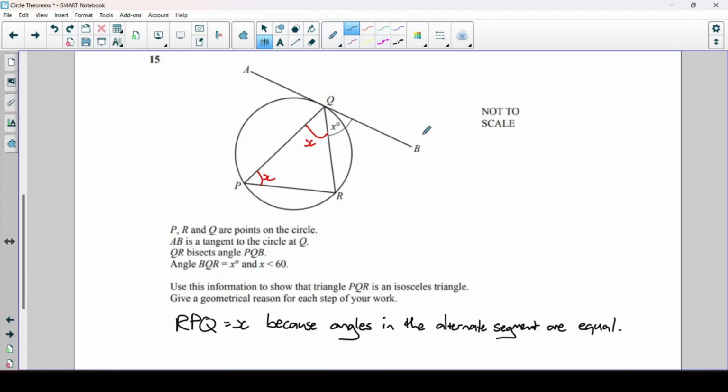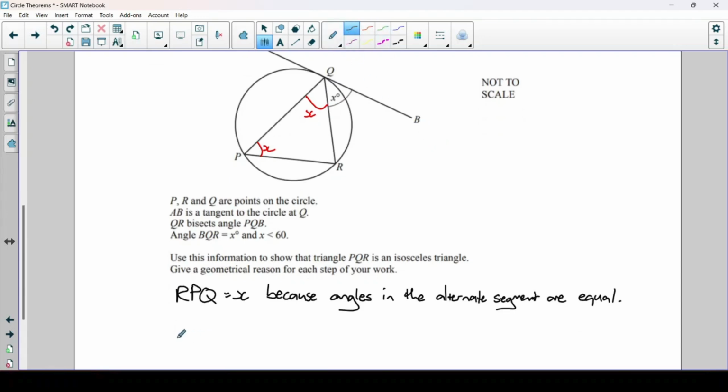So let's write down that. PQR equals x because of what they said there, because QR bisects PQB. Just to convince them I know what I'm talking about, maybe I'm going to write down 120 divided by 2 is equal to 60.